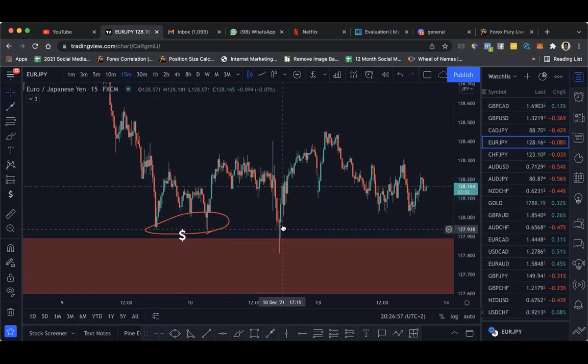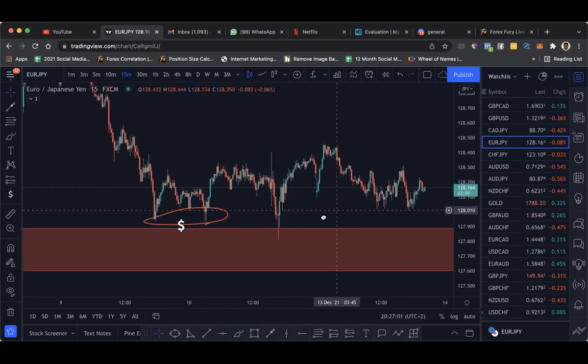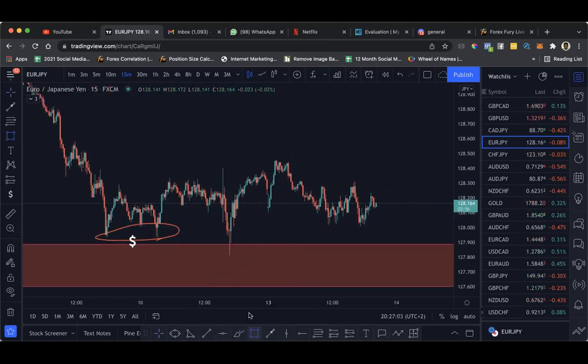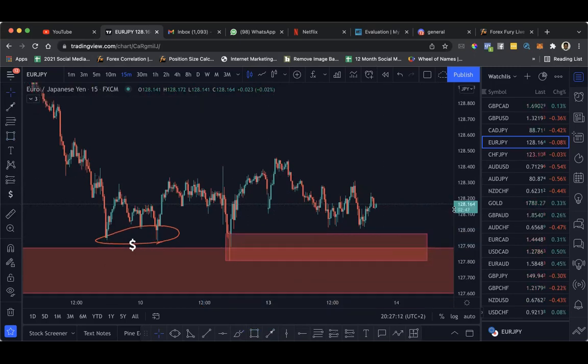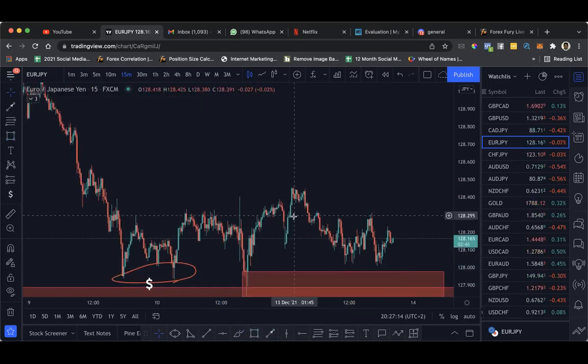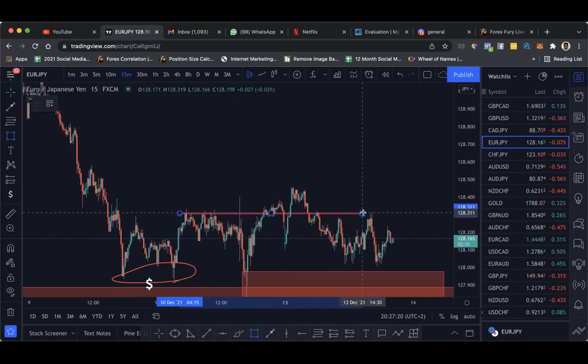So this is an order block here. Drop, base, rally over here on the 15 minutes chart. Price has broken structure. Price broke this structure zone.